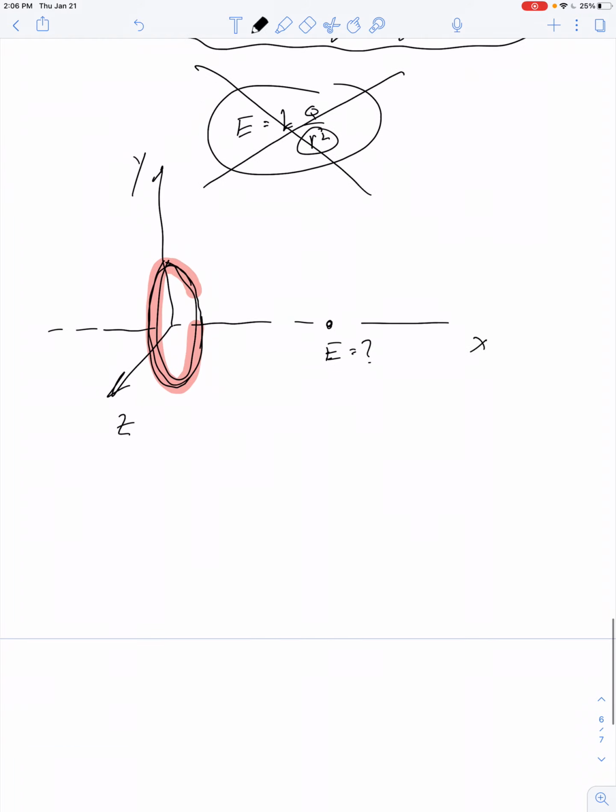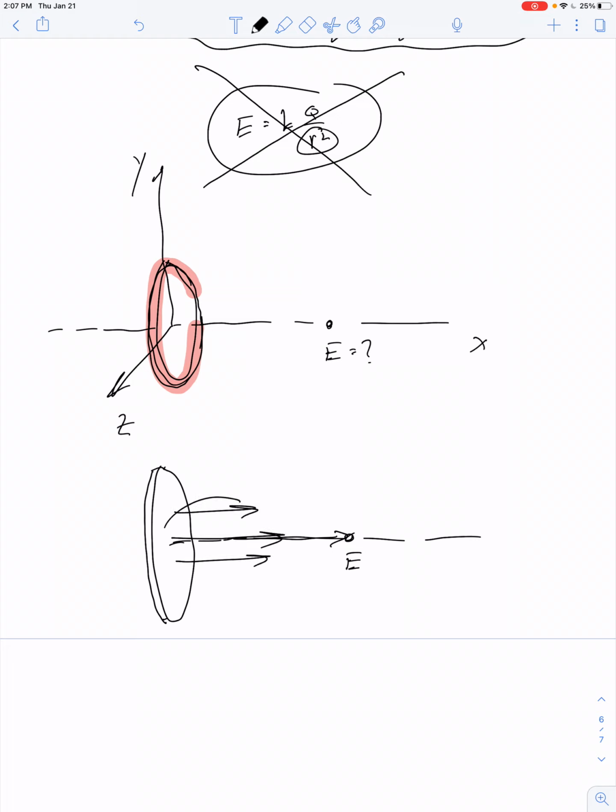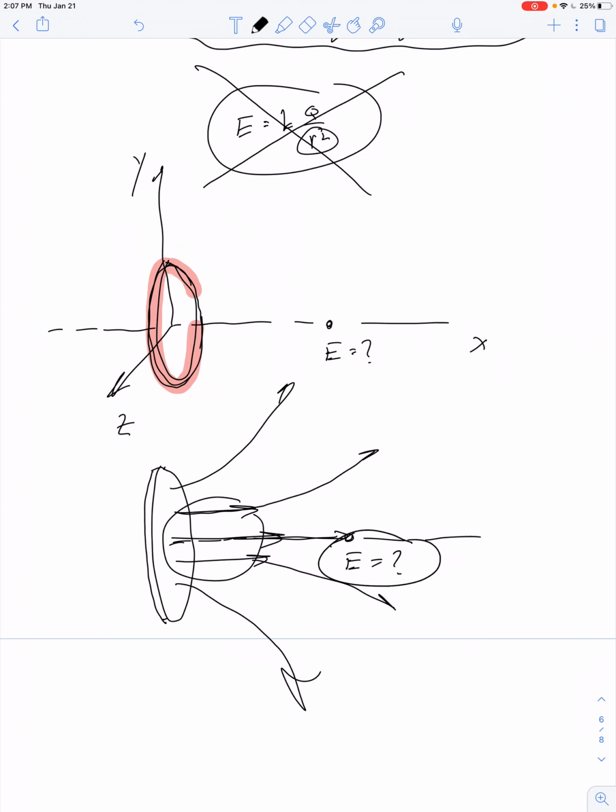Or maybe it's not a ring of charge, maybe this is a solid disk that's charged up, and we want to know what's the electric field strength at some point down this axis. Well, it's not exactly a uniform electric field. As long as we stay to regions close to it, it is, but as we get farther afield, these field lines start to curve, and so this remains a question.